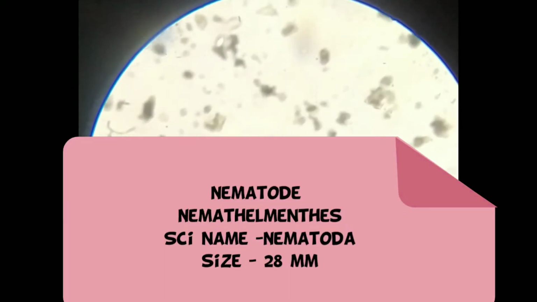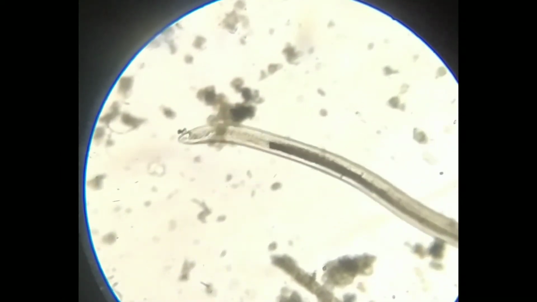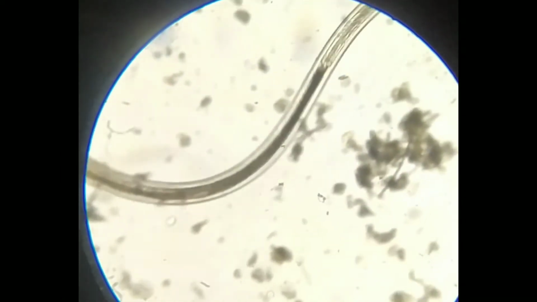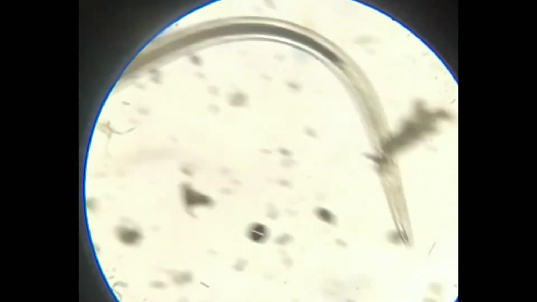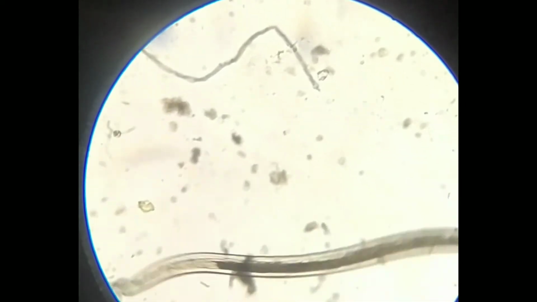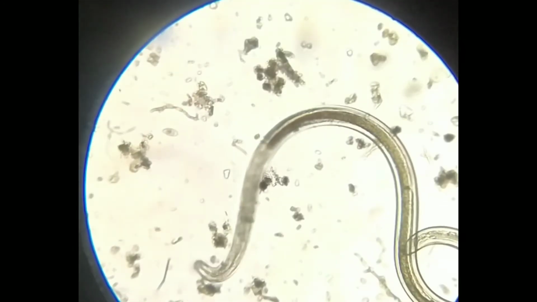And this is our nematode, and it is similar to that Aeolosoma, but it falls under a different phylum, Nematoda, and it's pretty much different from that Aeolosoma. Aeolosoma falls in annelids and this nematode falls in Nematoda.